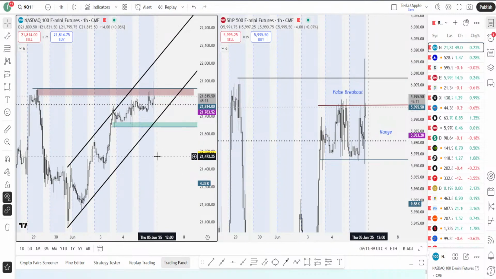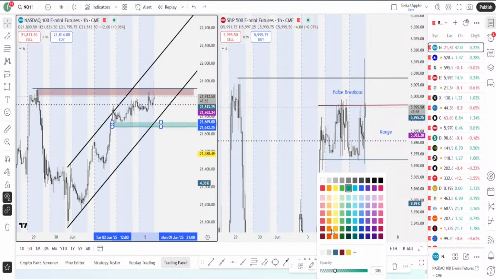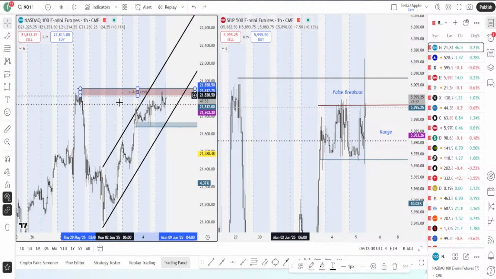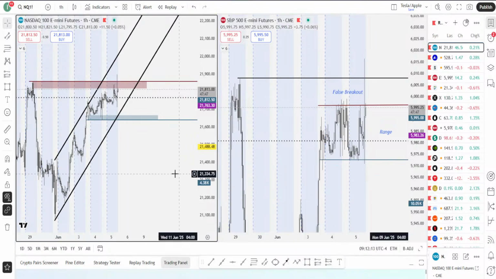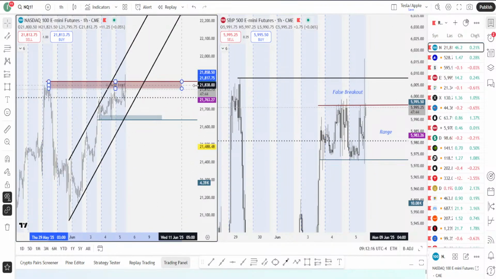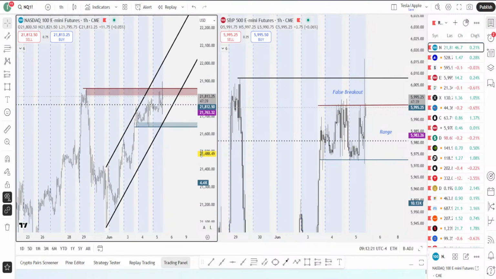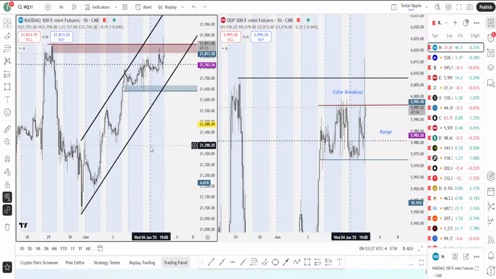What else can you tell me about this chart that you think we should consider? Okay, so we have this trend here.